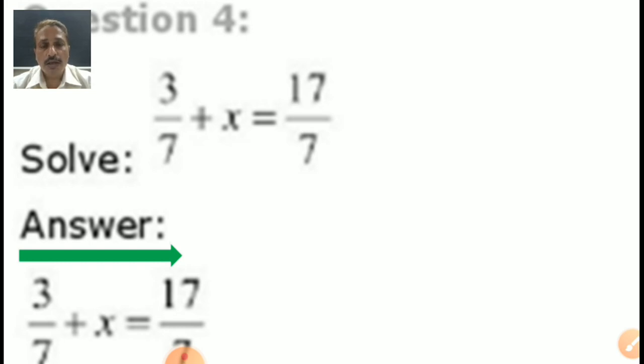What I am telling, do you get the idea, students? No? Okay. See, the question is here: 3 upon 7 plus x is equal to 17 upon 7. What they are doing is, in place of 3 upon 7, they are writing 7 upon 3 by mistake, not purposefully. And they did all the calculations continuously and found the solution also.